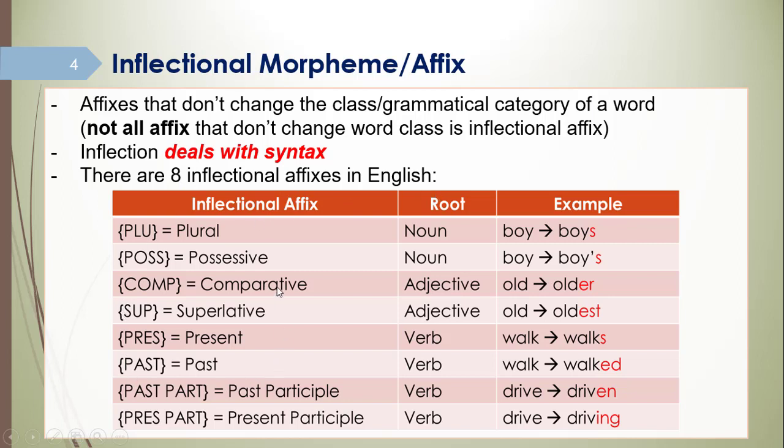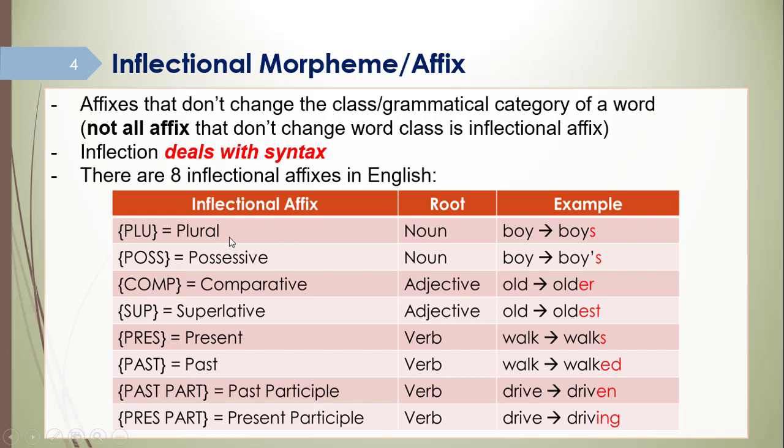These affixes I have also shown to you in our previous meeting. There are plural, possessive, comparative, superlative, present, past, past participle, and present participle. All of these deal with syntax.